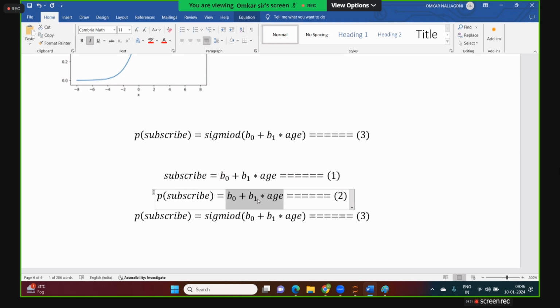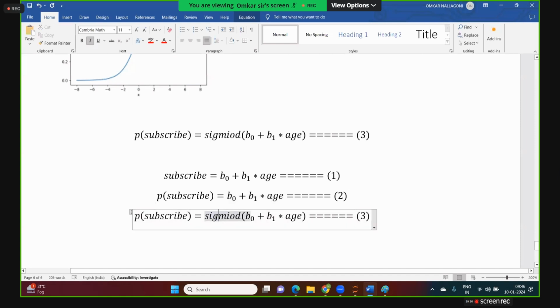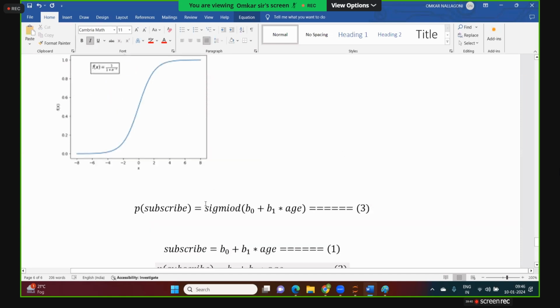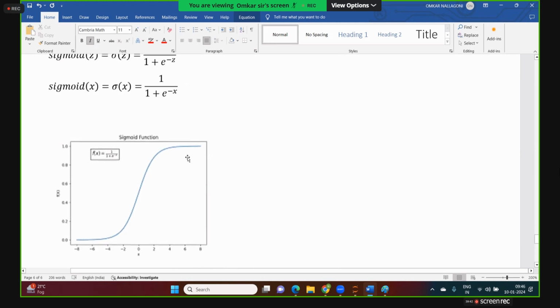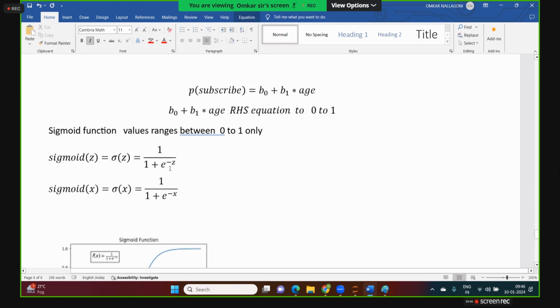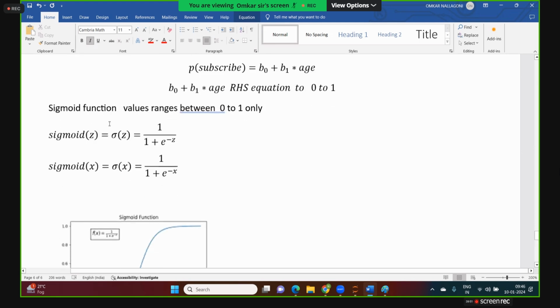Normalization converts the original value into 0 to 1. In the same way, the sigmoid function converts beta naught plus beta 1 h into 0 to 1, and it is non-linear behavior. That means linear will convert into non-linear.